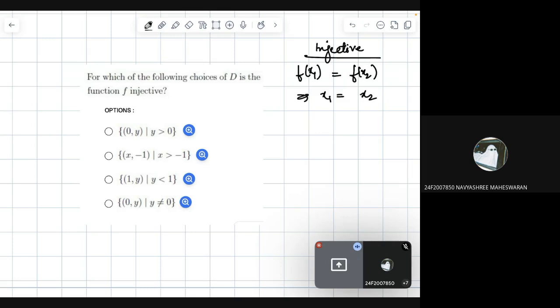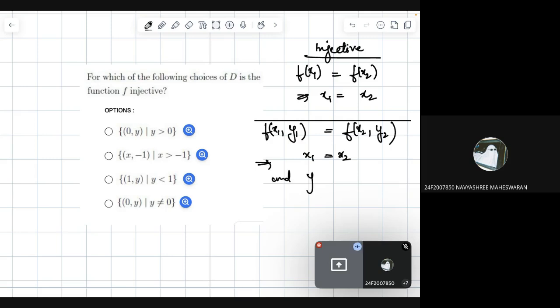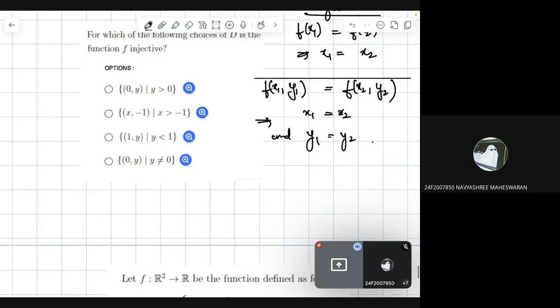This is the condition for injective for single valued. And when we have multi-valued, f of (x1, y1) equal to f of (x2, y2) should imply that x1 is equal to x2 and y1 is equal to y2. When this condition is satisfied, then we say that the function is injective.